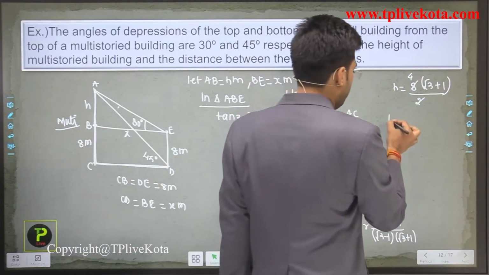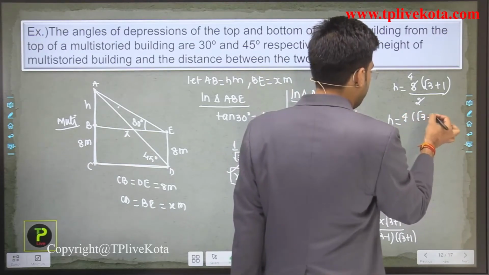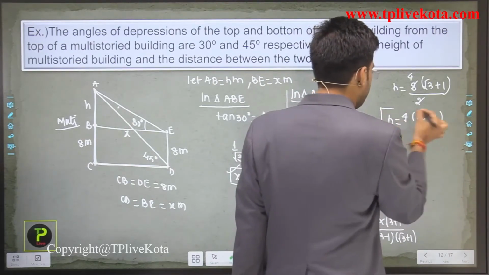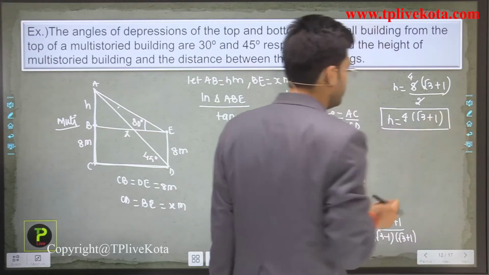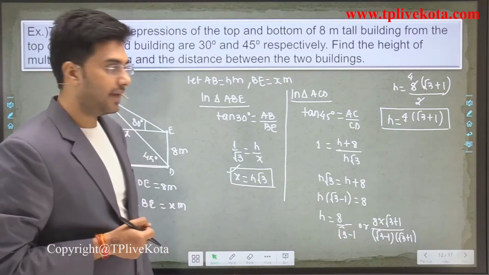So what is the value of H here? 4 root 3 plus 1. Clear? So this is the value of H. Now we have to find the value of X here.